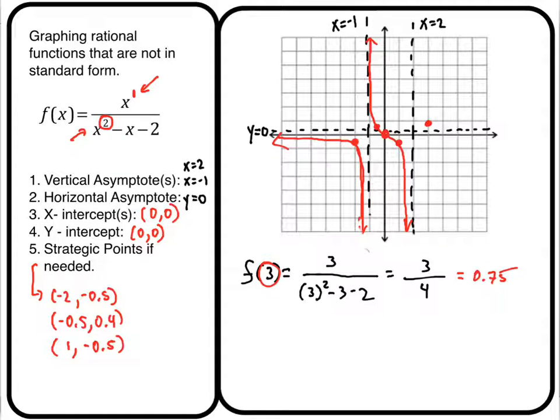So once I get that point, I know that the graph is going to exist something that looks like that. Okay, so you can see it is a very peculiar looking graph, and it takes knowledge of finding the asymptotes.